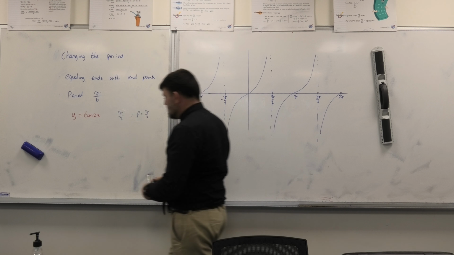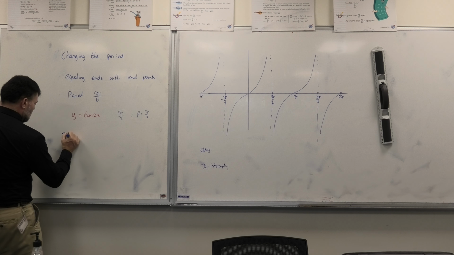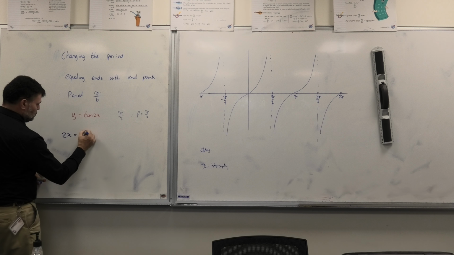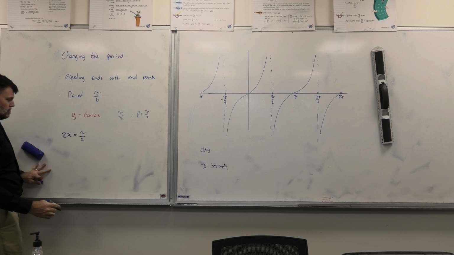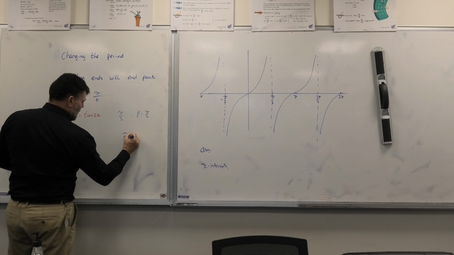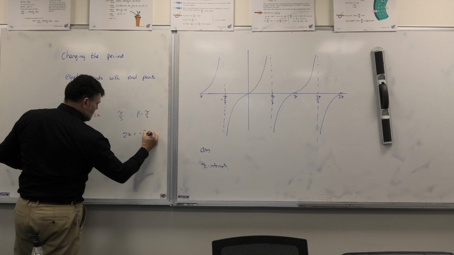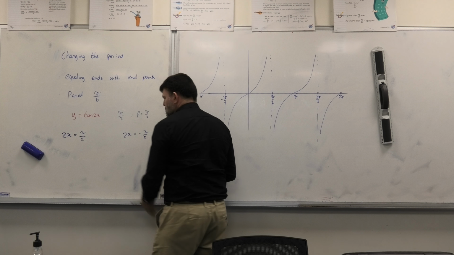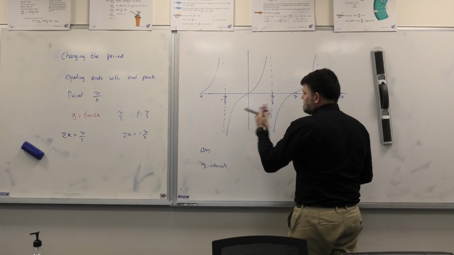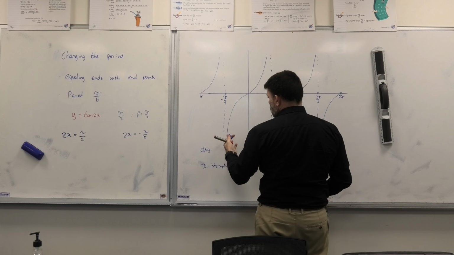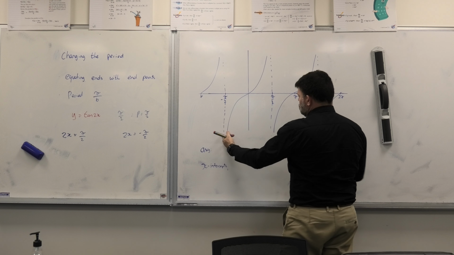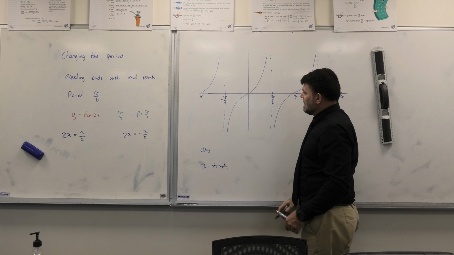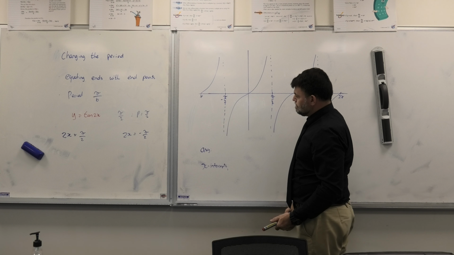So let's take our period from here, which is 2x, and equate it to positive pi on 2, and then 2x is equal to negative pi on 2. Because we're trying to work out where I am going to start, where my vertical asymptotes are going to be now. Because right now, the asymptotes are negative pi on 2 and pi on 2, and that gives me a period of pi.